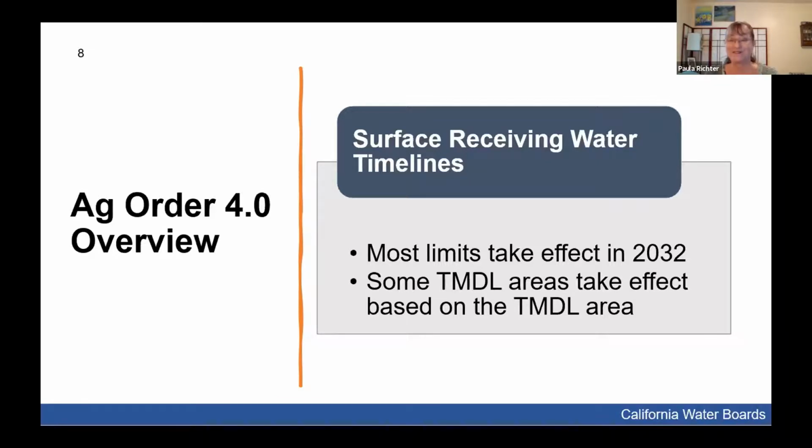Water quality standards are designated beneficial uses of a water body. Beneficial uses are things like municipal or domestic water supply. So as an example, the water quality standard for municipal water supplies is based on levels of a pollutant present in that water that are low enough to be safe for people to drink that water.